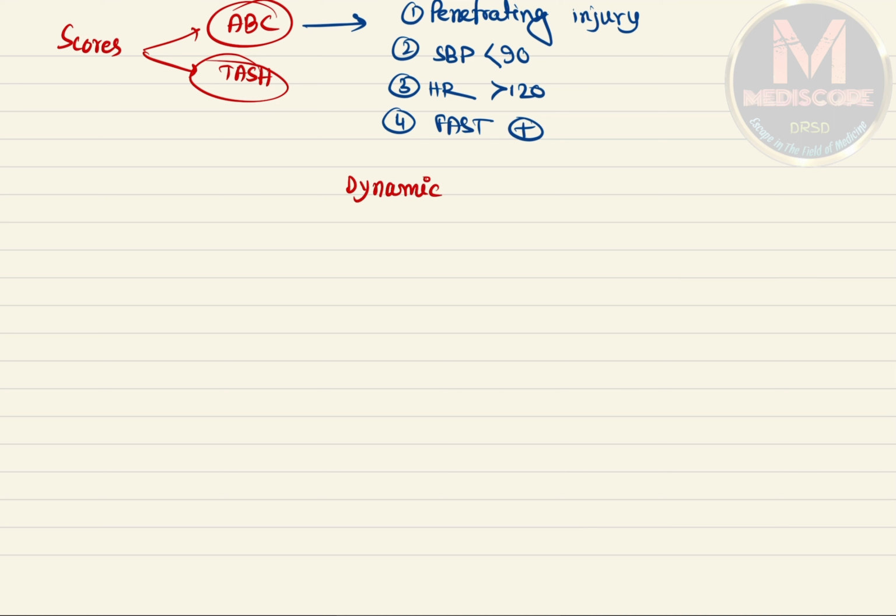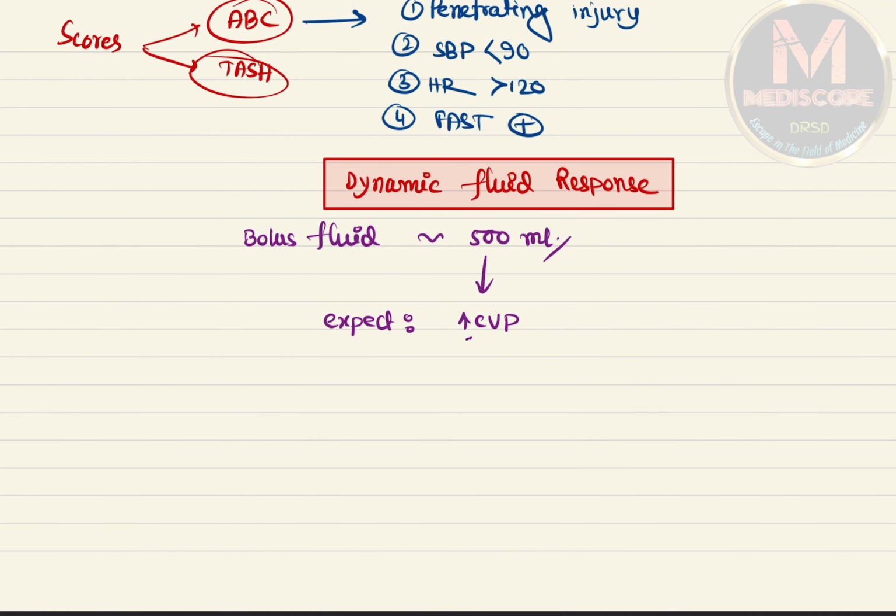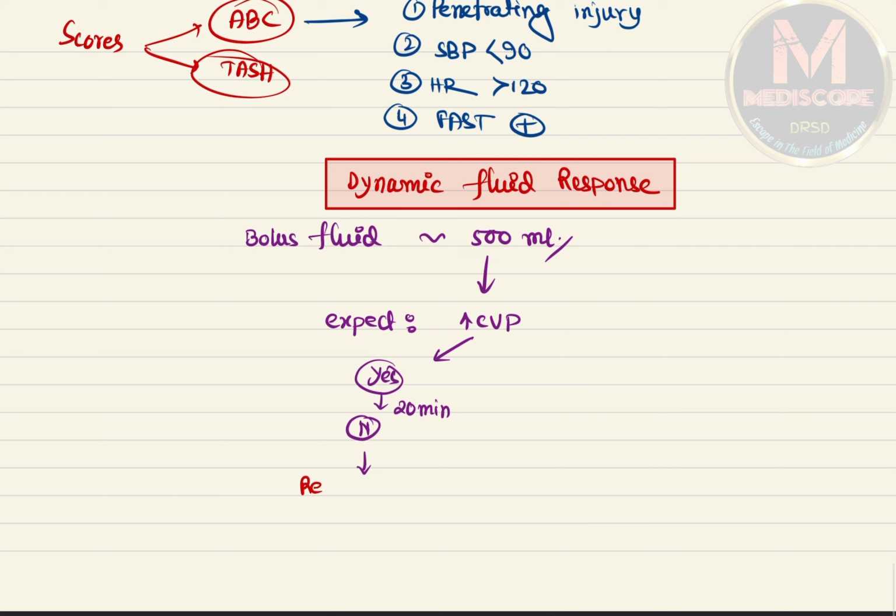What is dynamic fluid response in shock? Basically, once we know that the patient is in shock, we give a bolus of fluid. After giving 500 ml of bolus fluid, we assess the central venous pressure, which should rise. We expect the central venous pressure to rise by 2 to 5 centimeters of H2O, and if the CVP is increased and after 20 minutes is normalized, that means the patient is a responder.